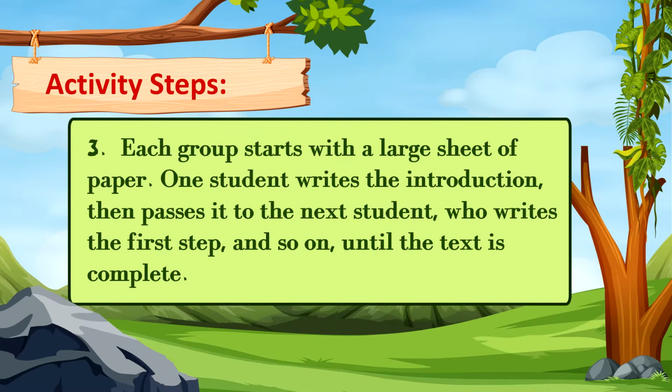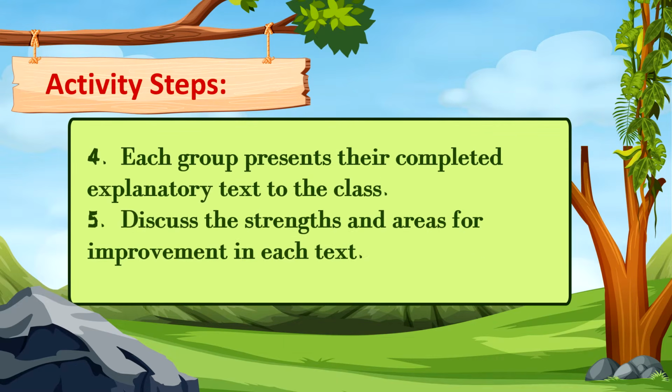One student writes the introduction, then passes it to the next student who writes the first step, and so on until the text is complete. Each group presents their completed explanatory text to the class. Discuss the strengths and areas for improvement in each text.